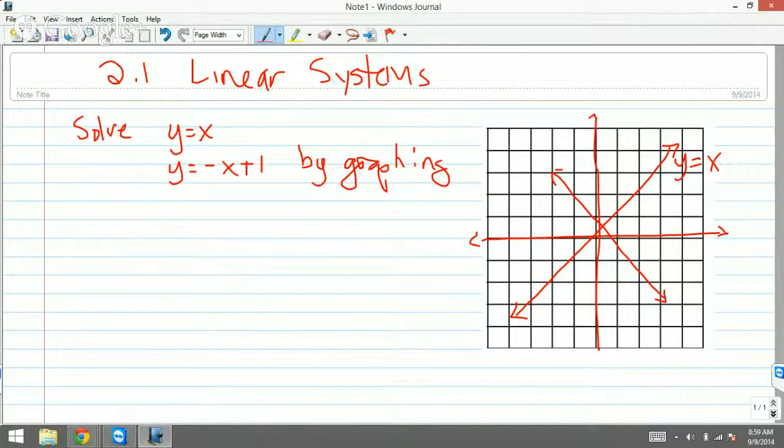I'm glad we've got that after 3 years. And then, what's the intersection? Take a guess. An educated guess. John? The intersection. Don't make me go to my cup. What's the solution to that system?